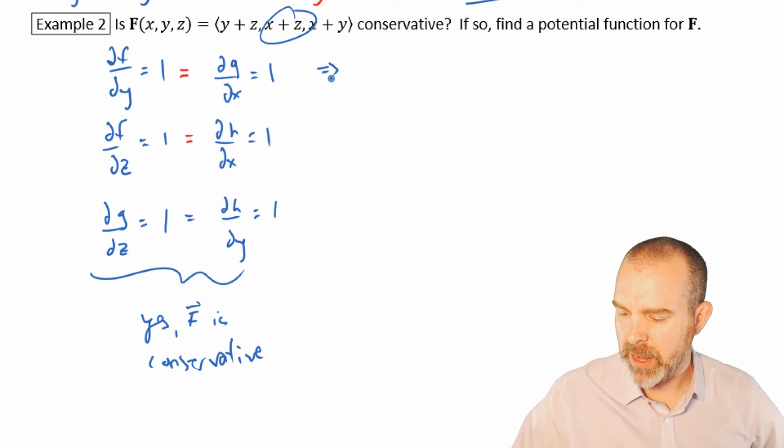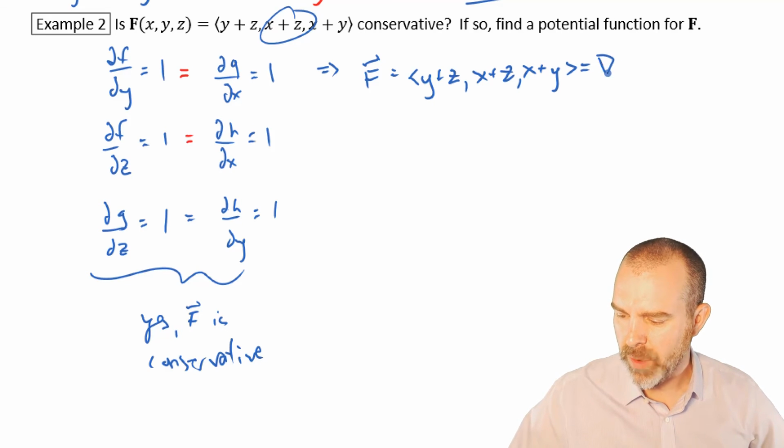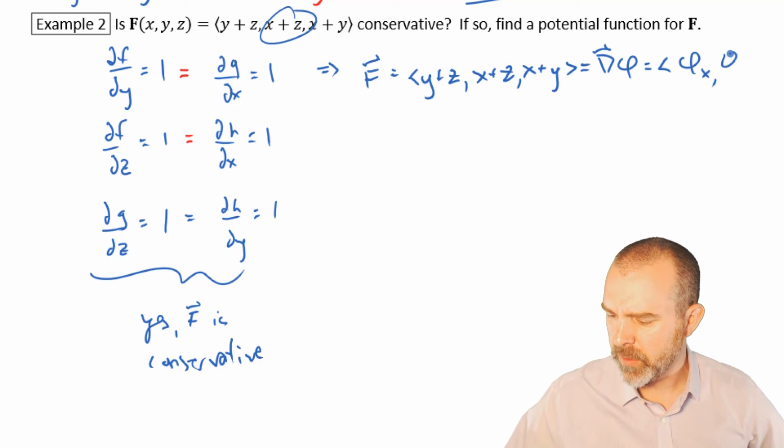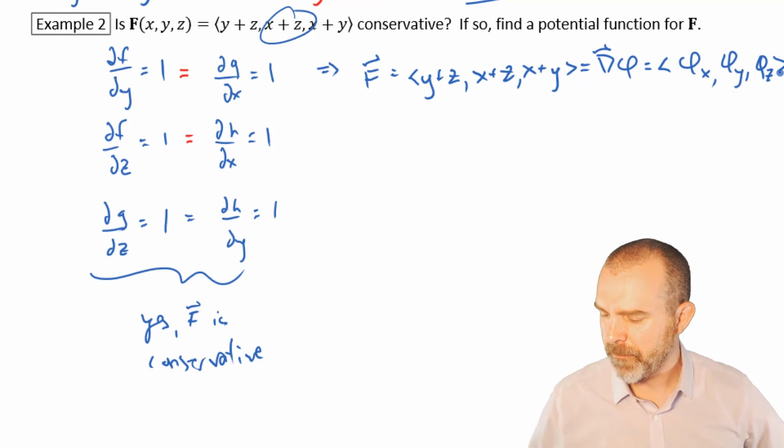But what this means then is that our field, which is y plus z, x plus z, x plus y, is equal to the gradient of some function phi, which would be the partial derivative of phi with respect to x, the partial derivative of phi with respect to y, and the partial derivative of phi with respect to z.